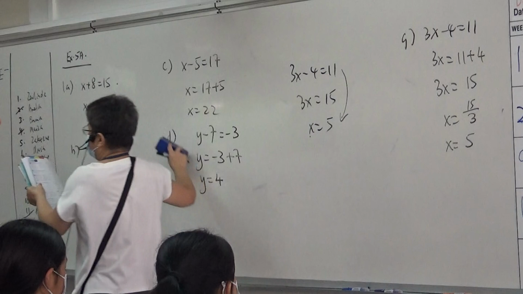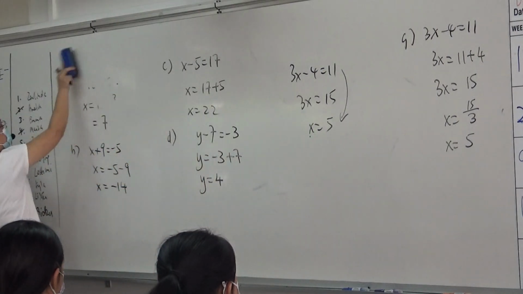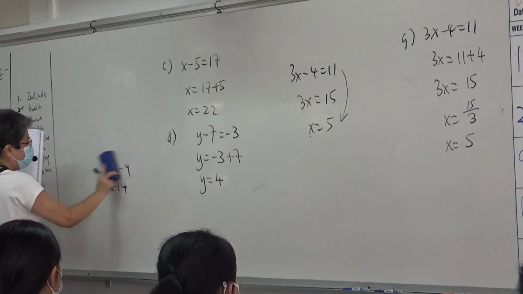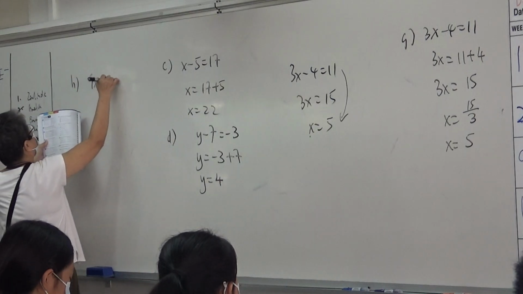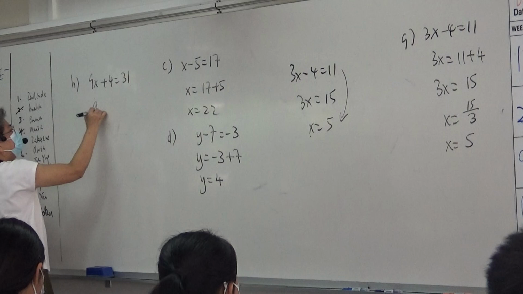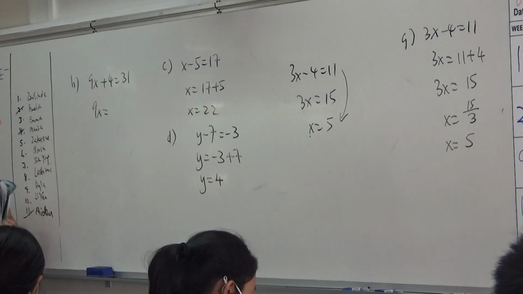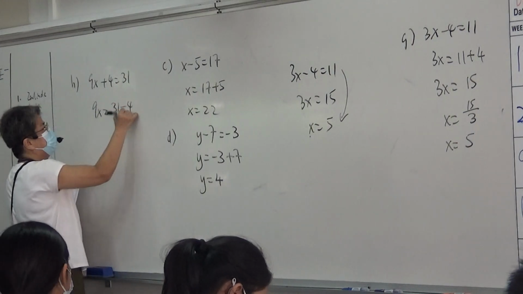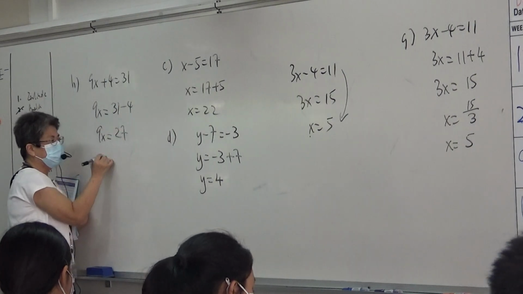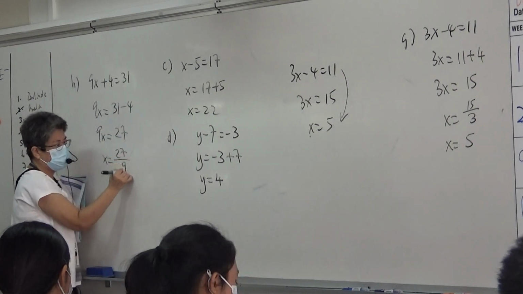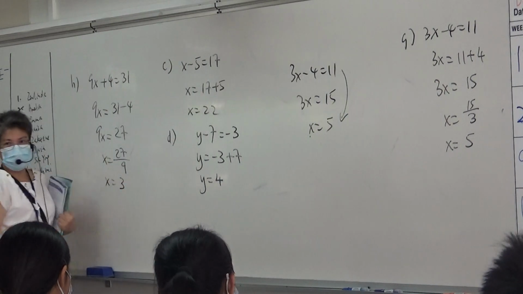Okay? Alright, next one. H equals to what? Focus. 31 minus 4. 9x equals to 27. Good. X equals to 27 over 9. Answer? 3.